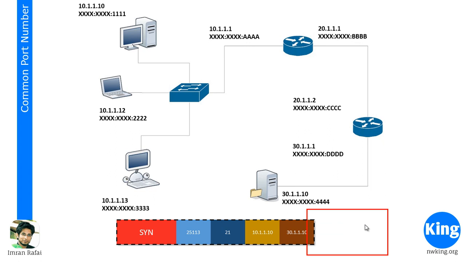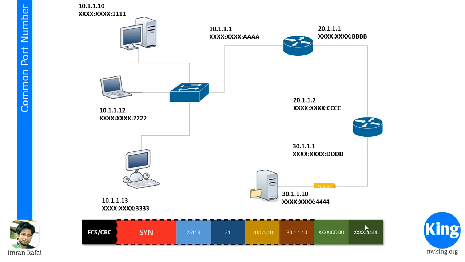It sees it is 30.1.1.10, and it knows 30.1.1.10 is connected to its interface. So the same process continues. It finds out the MAC address, puts those MAC addresses, does the hashing check, and attaches the hash to the frame, and sends it across the network.